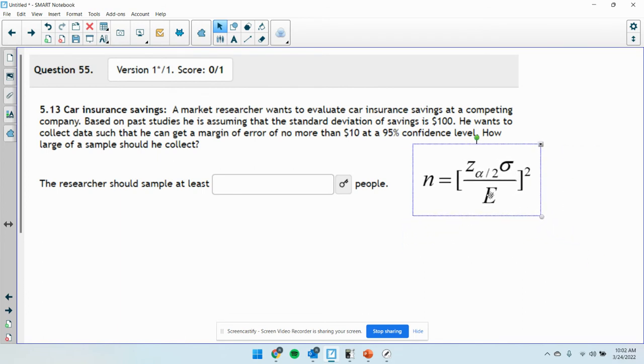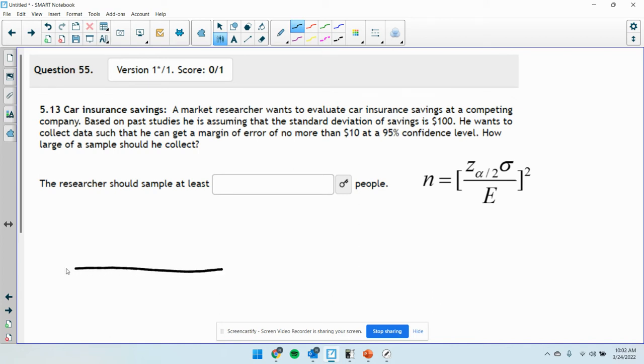So we're looking for n. We're looking for a z-score that cuts off the middle 95%. So if I draw my z curve, I'm looking for the z values that cut off the middle 95, which means there's 0.025 on either side.